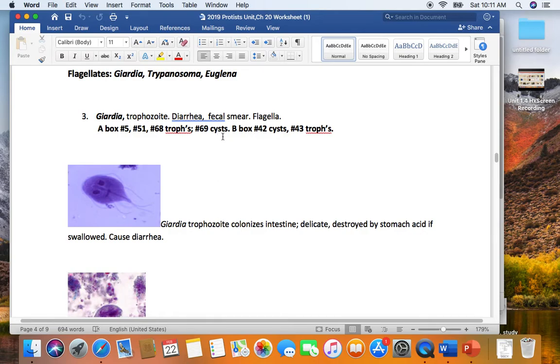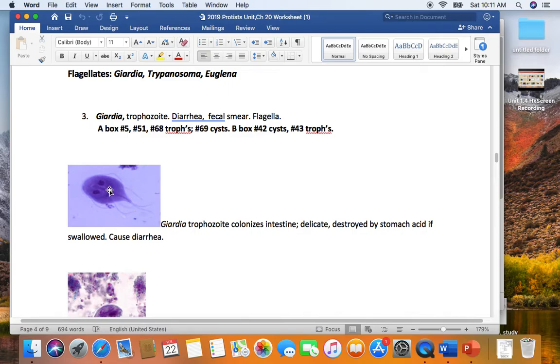And then once we swallow the cyst, it's activated by stomach acid, and then it excysts and releases the metabolically active, growing, dividing trophozoite in the intestine. So the cyst is the infectious stage. The trophozoites are the ones that are going to cause damage in our intestine. So this is a stained example of a Giardia. And you can see it has what I consider like a teardrop shape here.